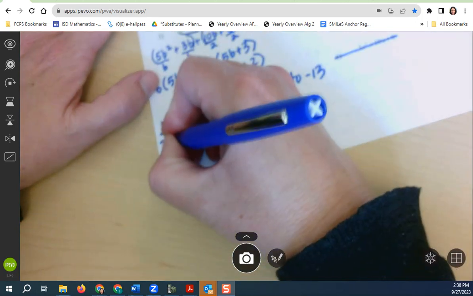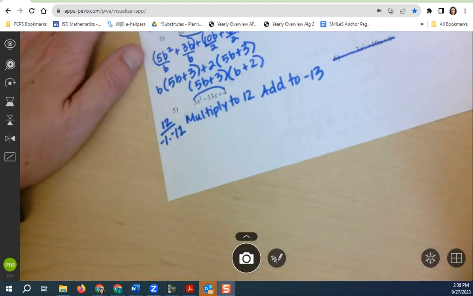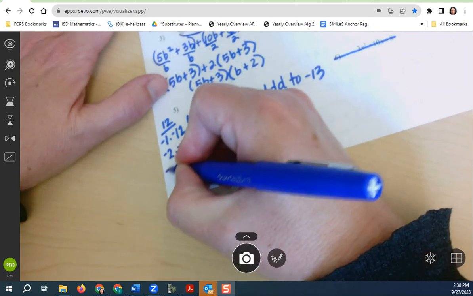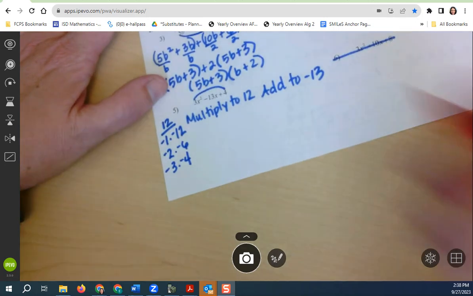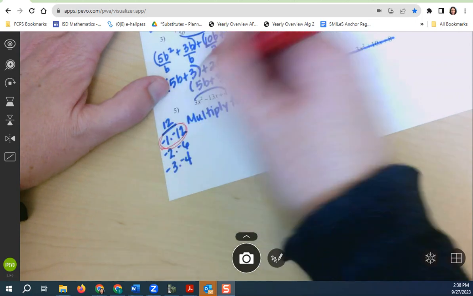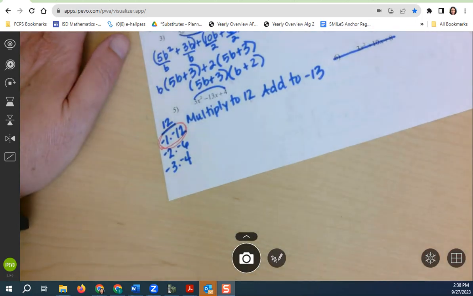So Anne suggested this one, negative 1 times negative 12. If that wasn't the answer, you might also consider negative 2 times negative 6, negative 3 times negative 4, but she did give us the right answer here. Negative 1 and negative 12 multiply to 12 and add to negative 13.